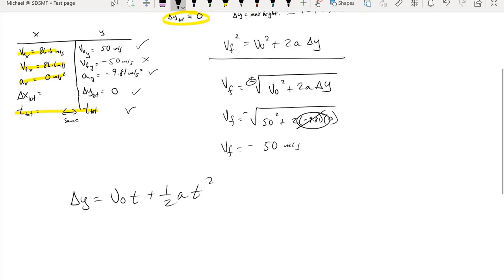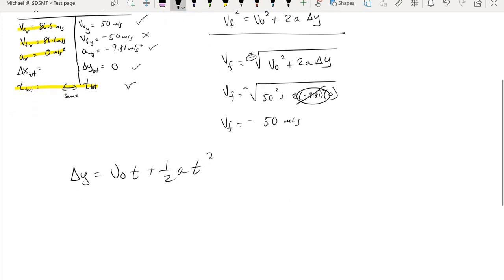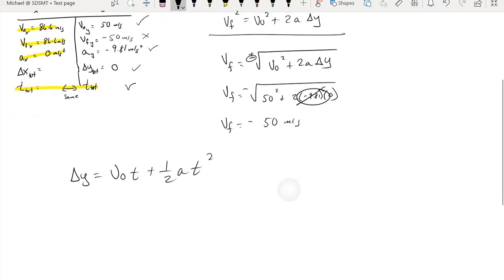That needs to be rearranged for time. Right now that is a quadratic, and unfortunately I don't have an initial velocity that is 0, and I don't have an acceleration that is 0, but I do have a displacement that's equal to 0. So is that of any help?